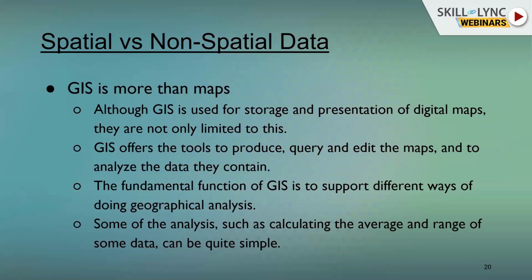Now this non-spatial data, why are we not using it in GIS? Especially because it is not giving us any sort of valuable information with which we can do some analysis, like collecting how many people are living in a particular ward. Like right now, a pandemic is going on. So the Indian government and the state governments are using GIS to a much greater extent for the COVID scenario.